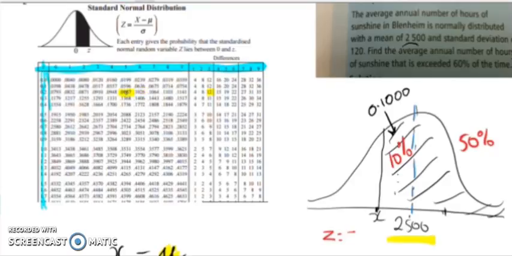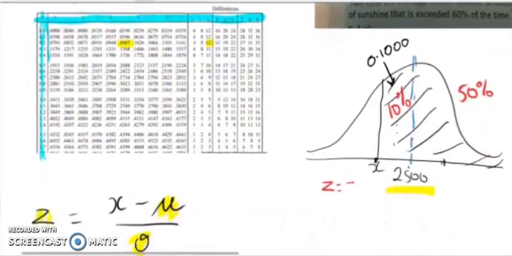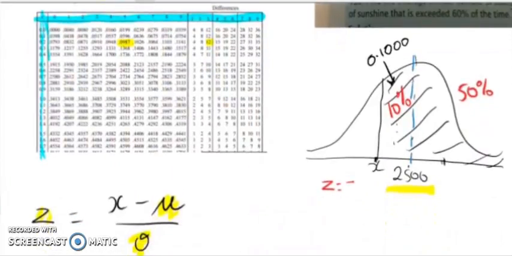So the z-score that matches that probability is 0.25, and I want to add on 13, but I can add on 12. It's closest. 3 goes on the end. So that is my z-score that gives me a probability of 0.1.